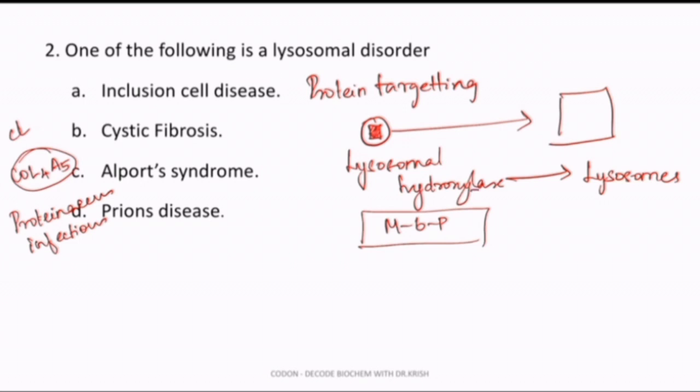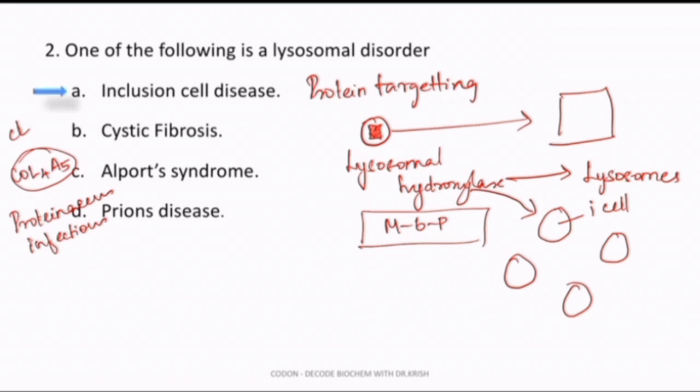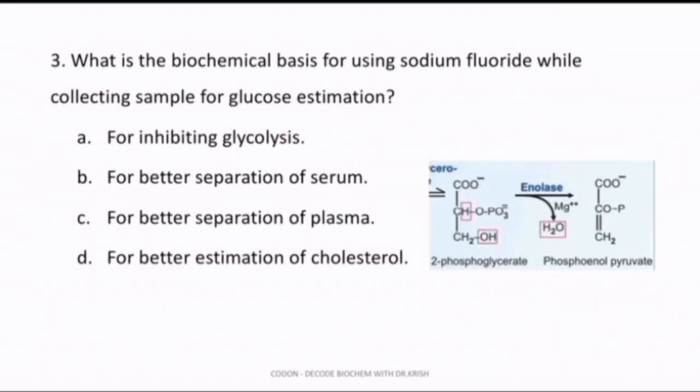So what happens? All these enzymes come out of the cell, but they don't reach the target organelle, and they just form some inclusion bodies within the cell, and that is called I cell. This I stands for inclusion. So I cell disease or inclusion cell disease is because of defective targeting of lysosomal hydroxylases with mannose 6-phosphate so that they don't reach the lysosomes. So this is the answer for which of these is a lysosomal disorder. It is inclusion cell disease.